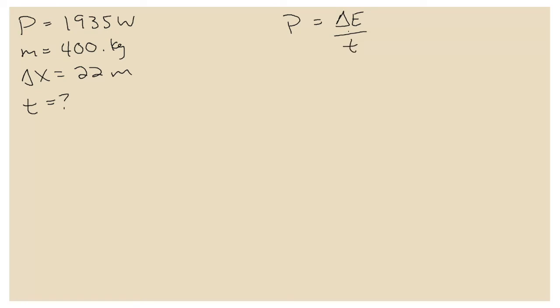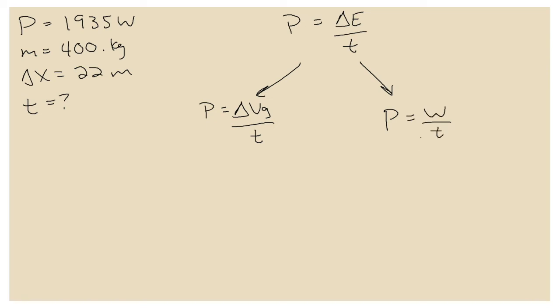And really, from here on, there are two different ways that you can do this problem. The first way that you could do it is to say that the power is the change in the gravitational potential energy of the piano over time. Or you can say that the power is the work over time.